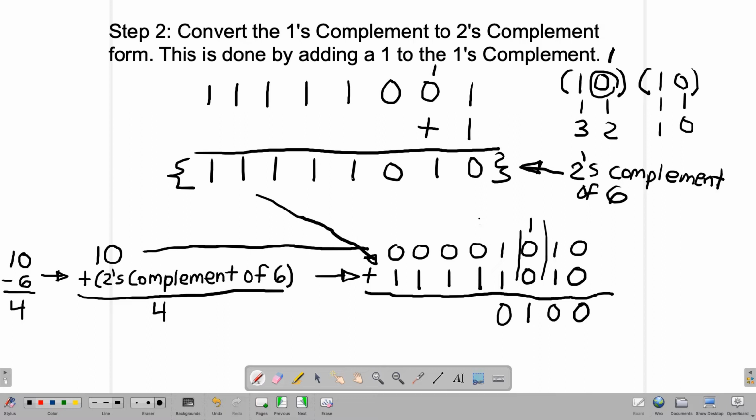And then we carry. We produce a 0 and a carry. We produce a 0 and a carry. We produce a 0 and a carry. And this produces a 0 and that carry. But the carry, we only care about the 8 bits. This doesn't really matter there. And what we have is the value 4 in binary.